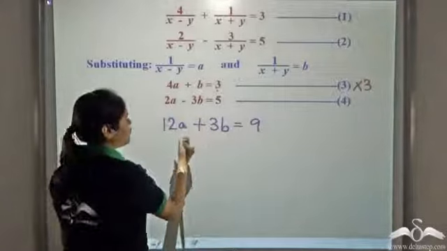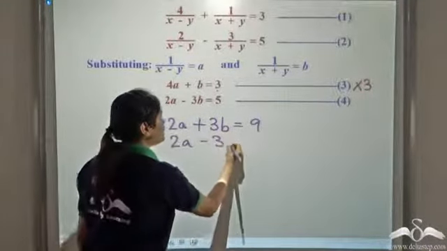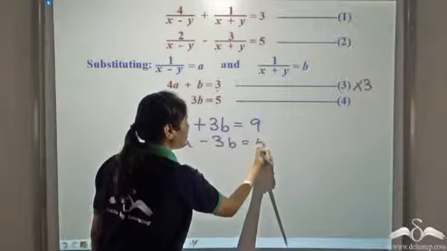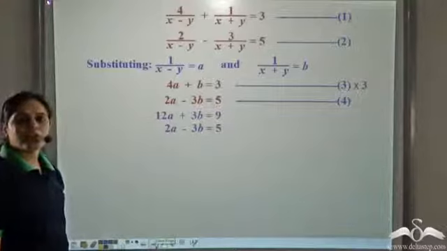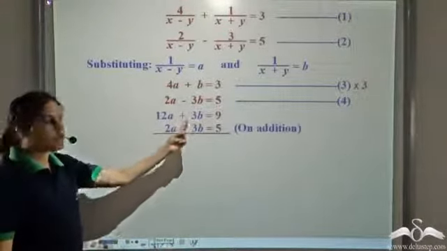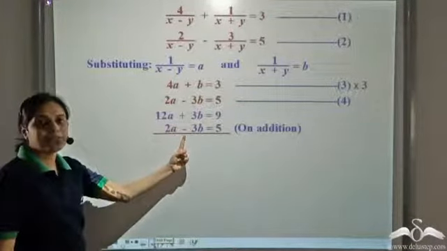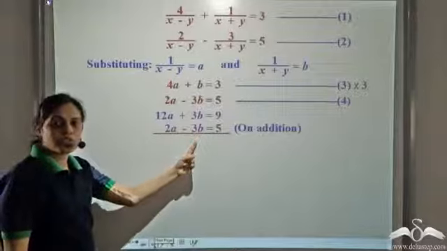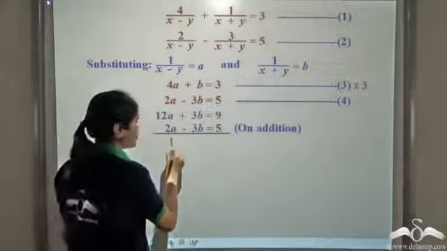And we write equation 4 as it is. So 2a minus 3b is equal to 5. So these are our two equations. Now let us add these two equations because we have different signs, plus and minus. 12a plus 2a gives 14a.